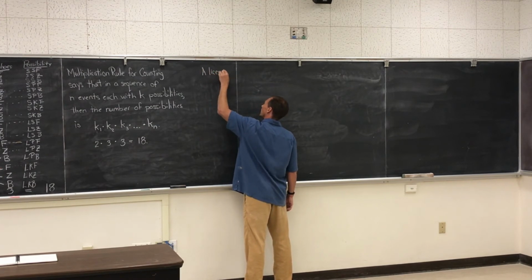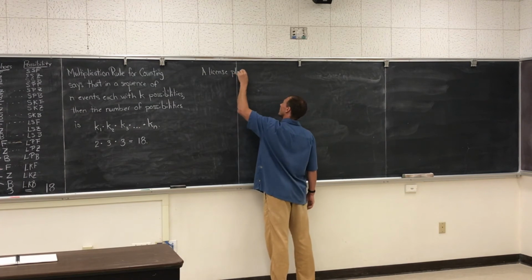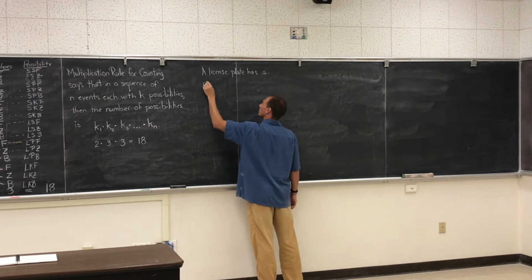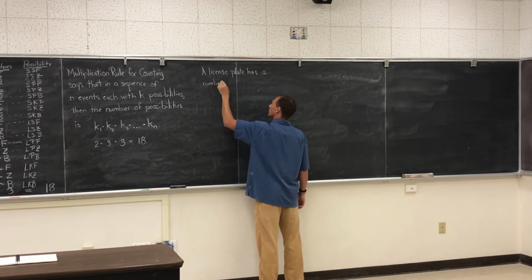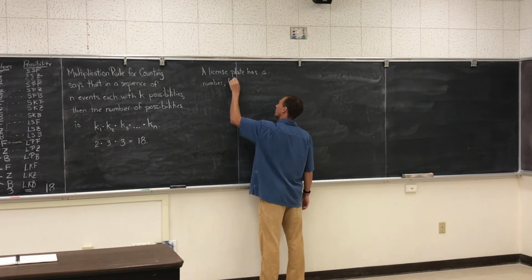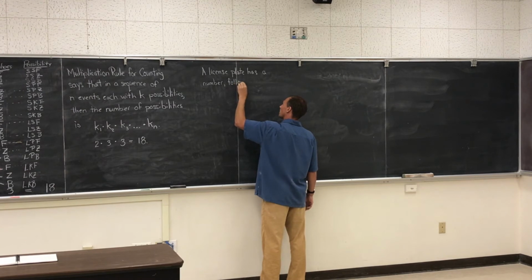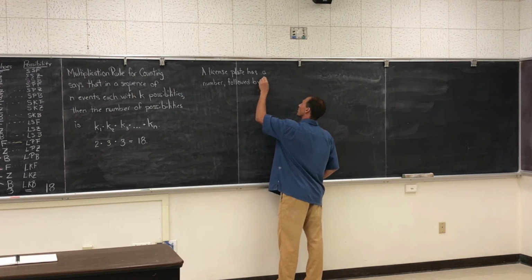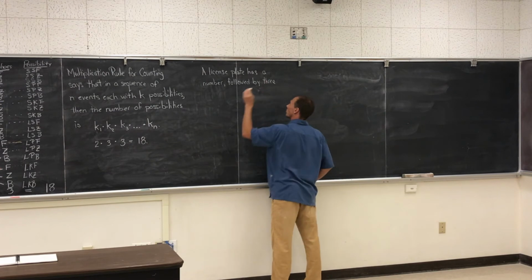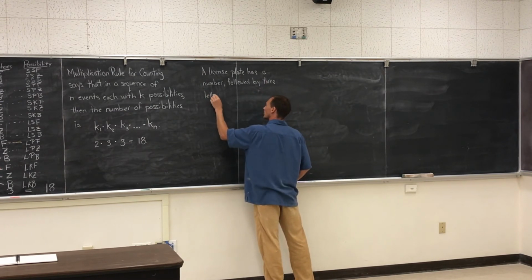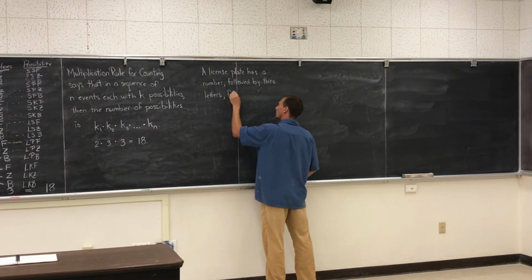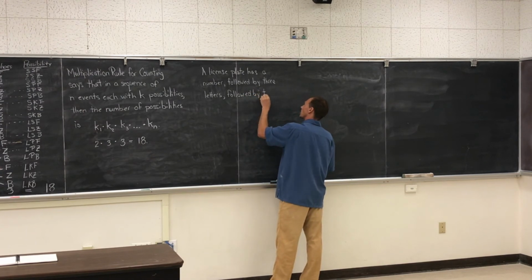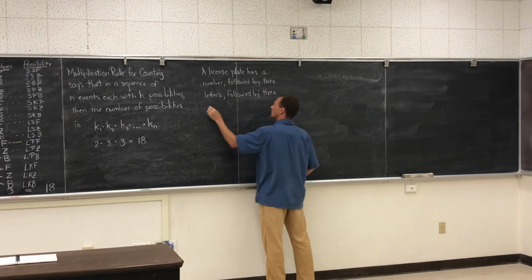A license plate has a number followed by three letters, followed by three numbers.